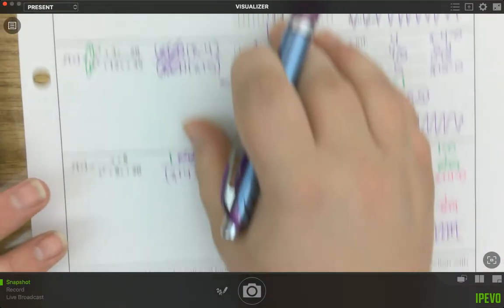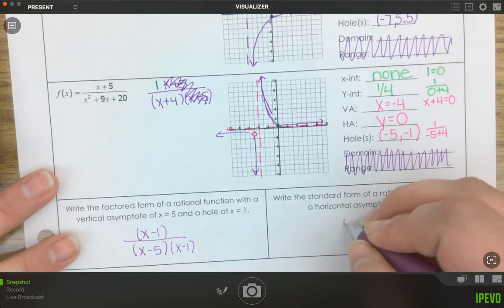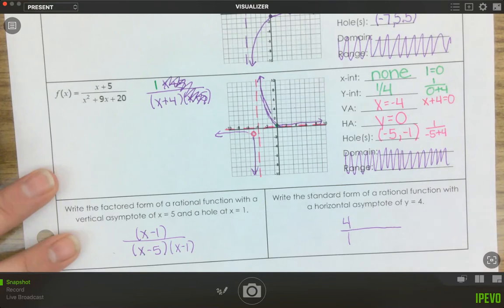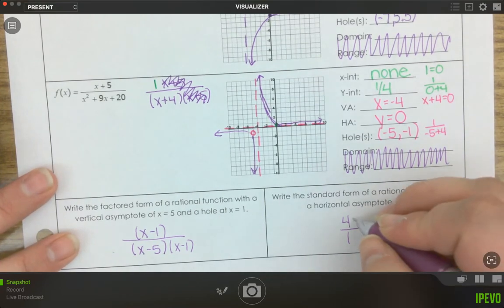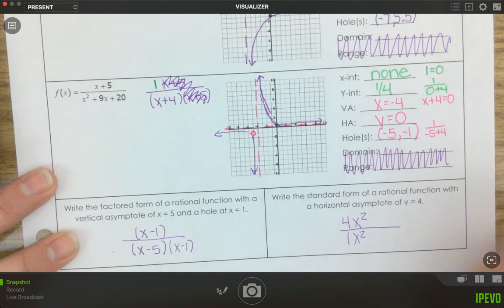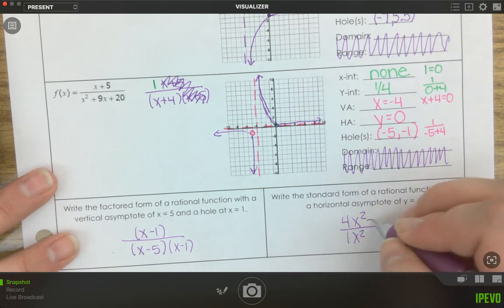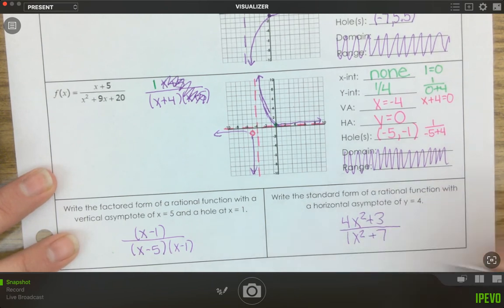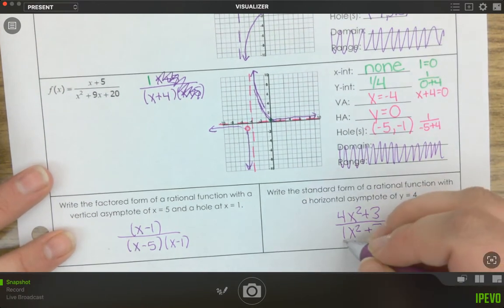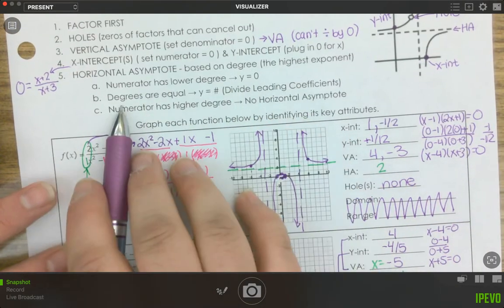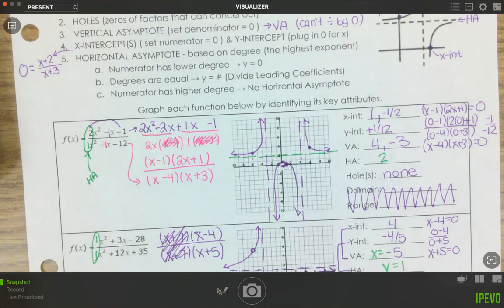So if we want ours to be 4, we should probably have a 4 on top and a 1 on bottom. And then I just need to write something that has the same degree. The rest of it is up to you. That could be fine, or you could do this. You can add whatever you want afterwards, but this is the most important part, that this is 4 and this is the same number. So you kind of have to work backwards and go back to this and think about it the other way around.